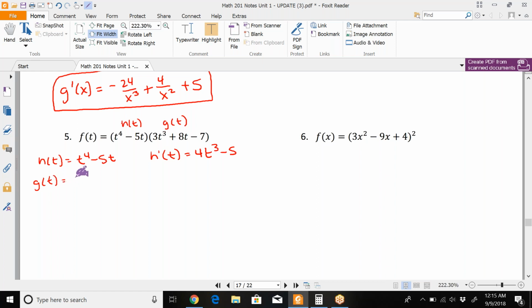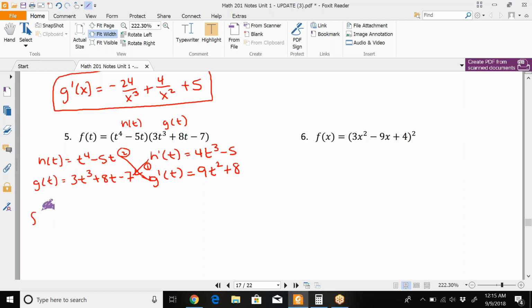G of t is 3t to the third plus 8t minus 7. So g prime of t is 9t squared plus 8. Again, just using the power rule for each of those groups. So then remember, top right down is 1, top left down to the other side is 2.